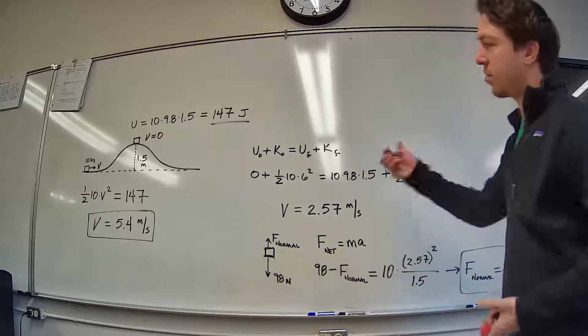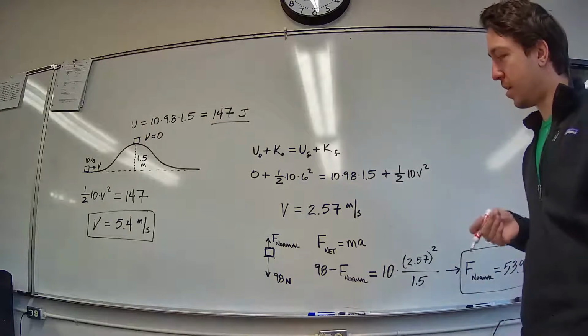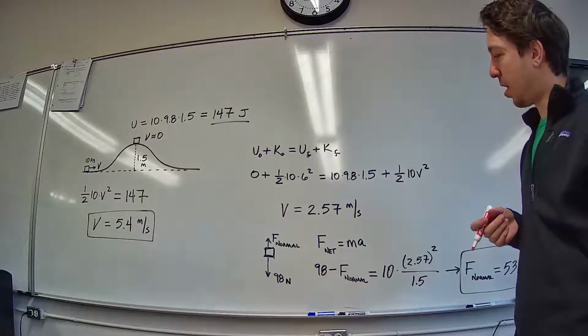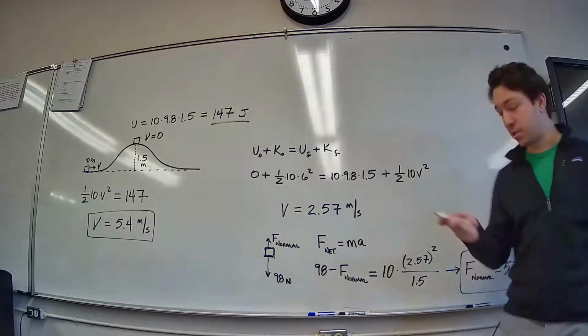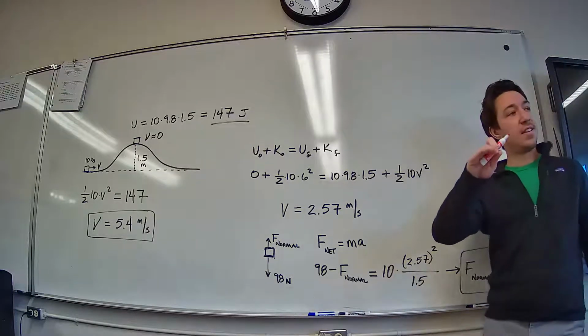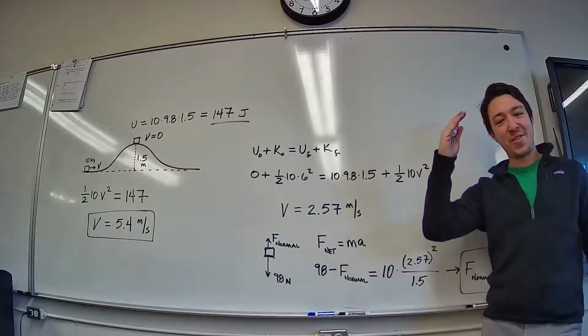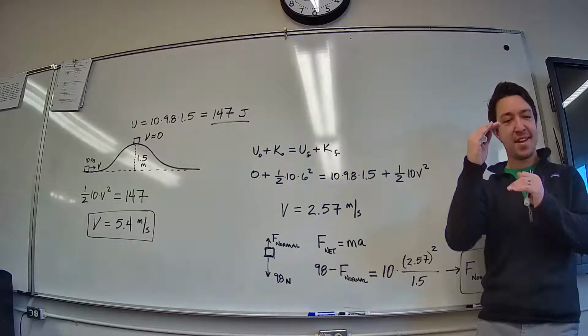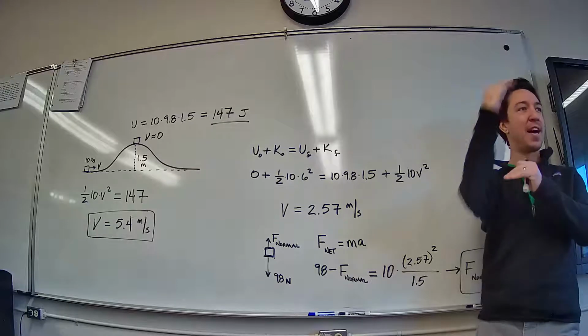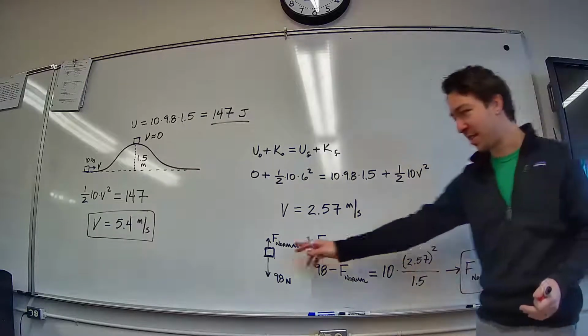So the calculation has a trick to it. If you hit that critical speed, you'd be perfectly weightless at the top of the hump without flying off, so your normal force would be 0.